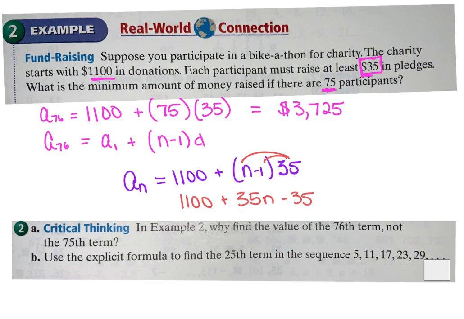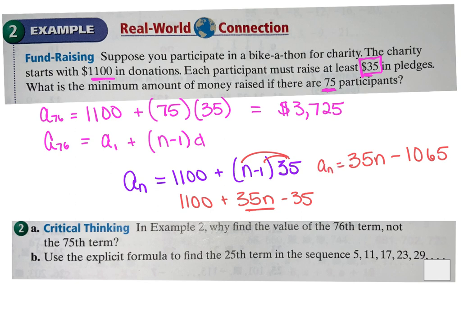What am I going to do there? Subtract my 35. And I usually start with this guy. So my explicit formula is going to be 35n plus 1065. That is my explicit formula for a sub n for this sequence.